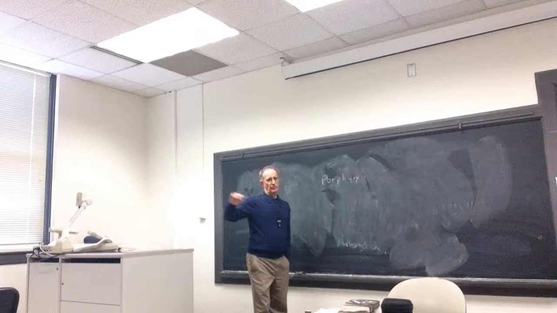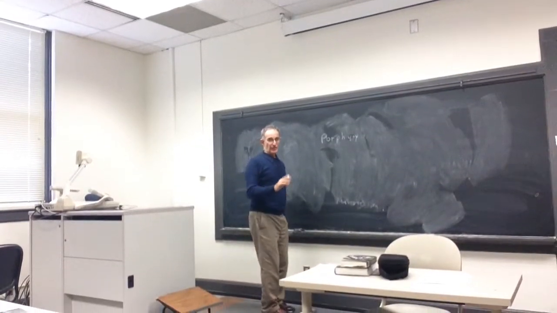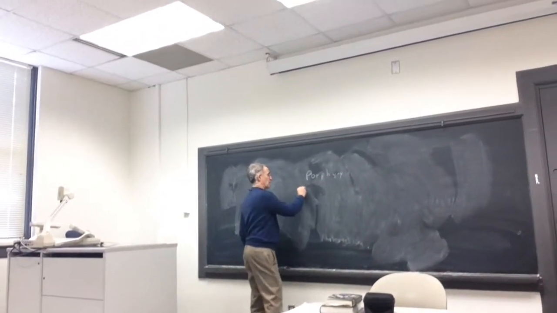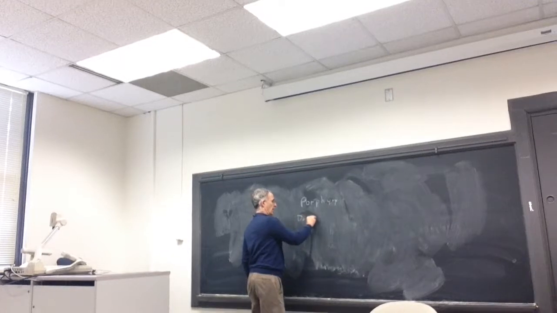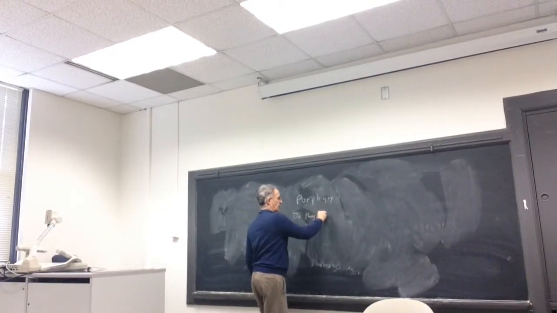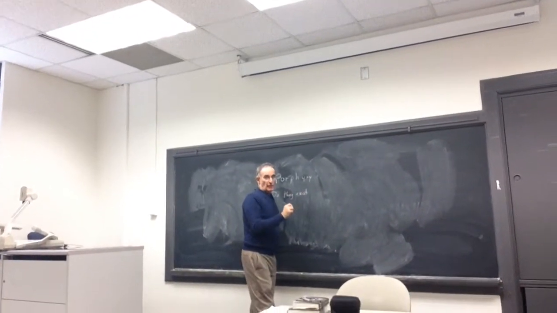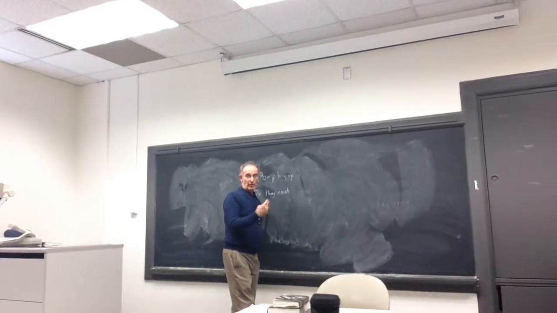And he raised three questions about these universal entities. He said, what is the story with these universals? First of all, do they exist apart from our minds or only in our minds?